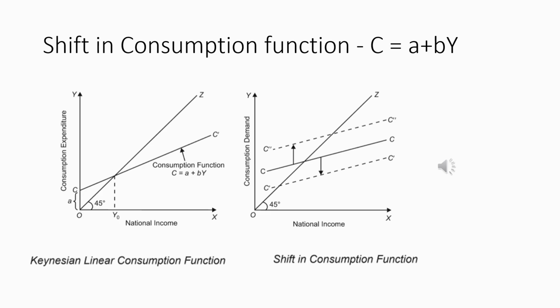Because line OZ makes a 45-degree angle with the x-axis, every point on it is equidistant from both the x-axis and y-axis. Therefore, if the consumption function curve coincides with the 45-degree line OZ, it would imply that the amount of consumption is equal to the income at every level of income.